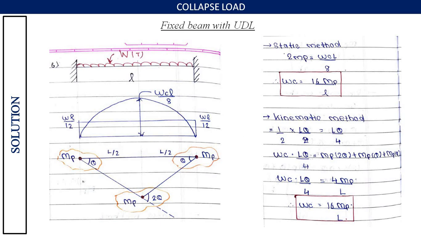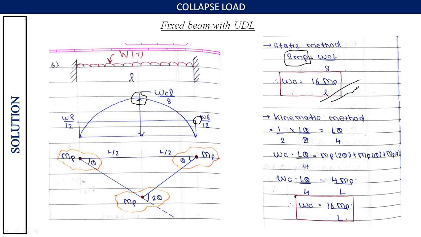There will be two moments, one here and one here, but we have to take the maximum moment. So 2 MP is equal to WC L by 8, and by making the collapse load the subject, we find the value of collapse load as 16 MP by L.